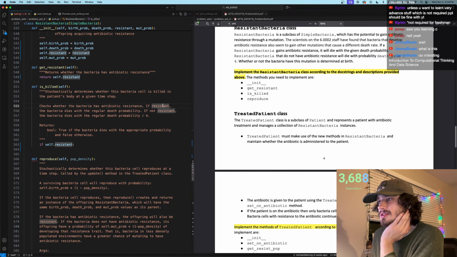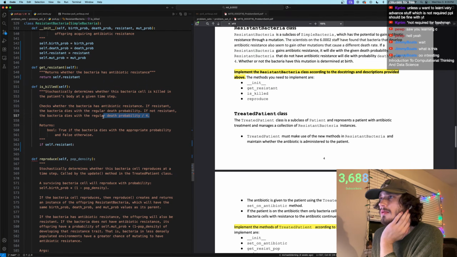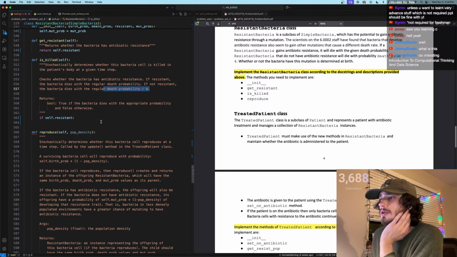If it is resistant, the bacteria dies with the regular death probability. If not resistant, the bacteria dies with the regular death probability divided by 4. Returns true if the bacteria dies with the appropriate probability, and otherwise false.